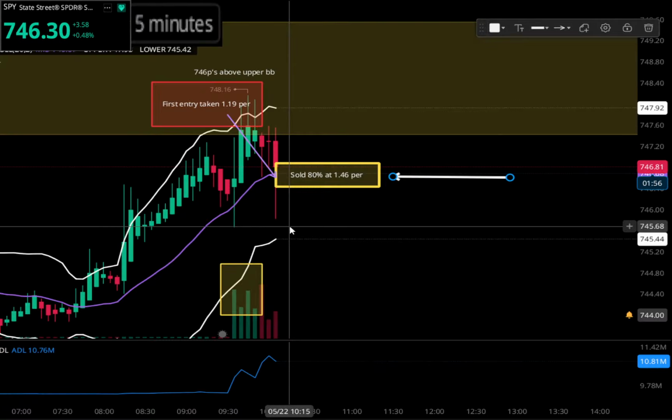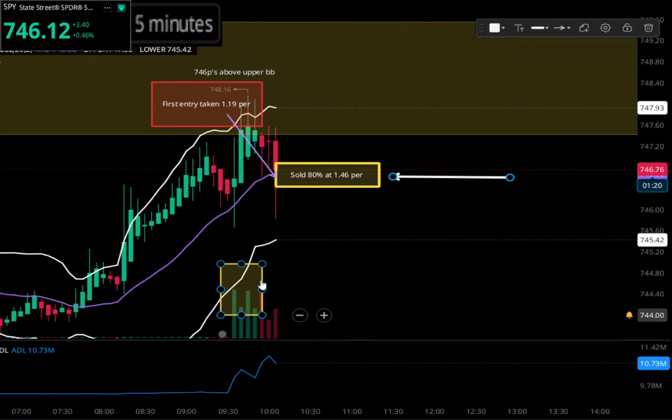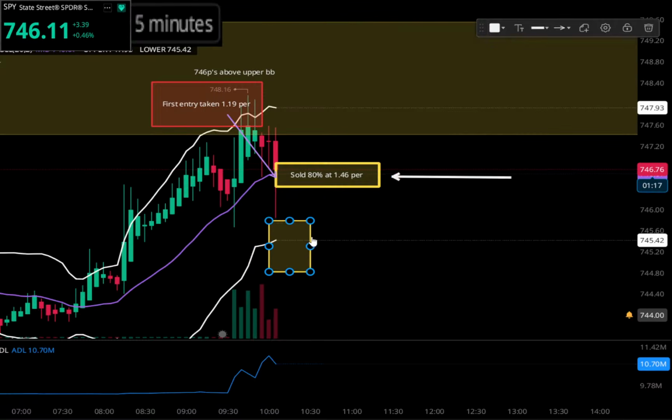So I'm going to set a market conditional order, and I'm going to set it below the 745.75. So I have that set for that last contract. Now, I don't have to stress about that contract too much. And now what we're looking for is, are we going to push to this lower Bollinger and are we going to get a call entry?